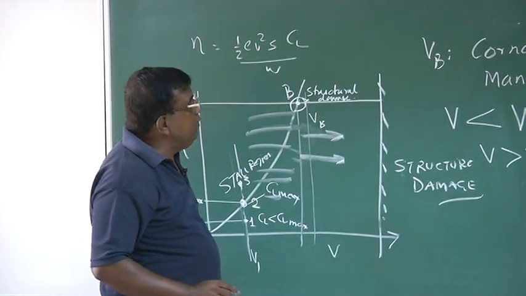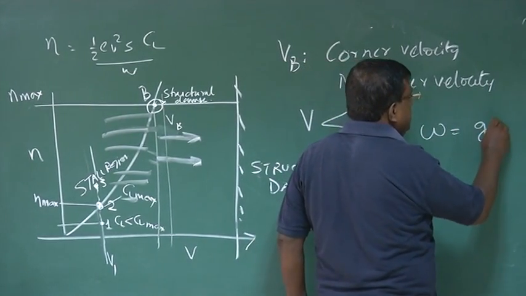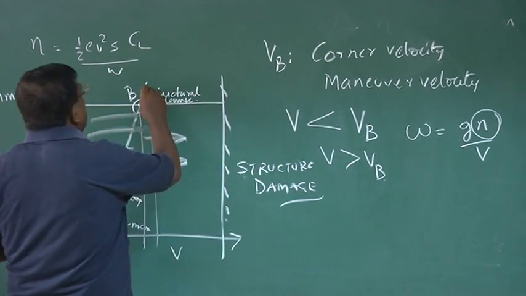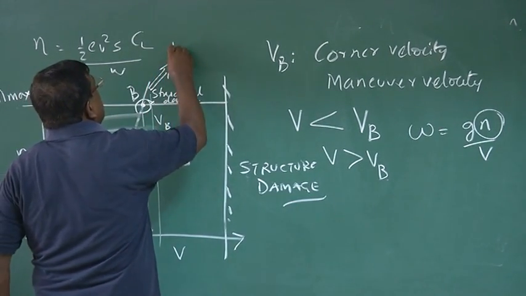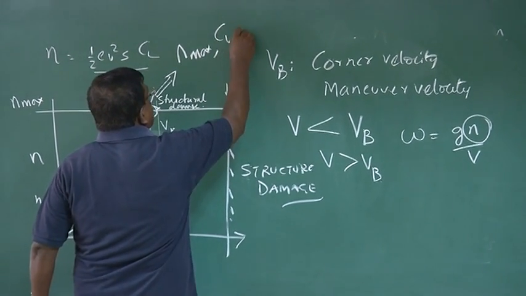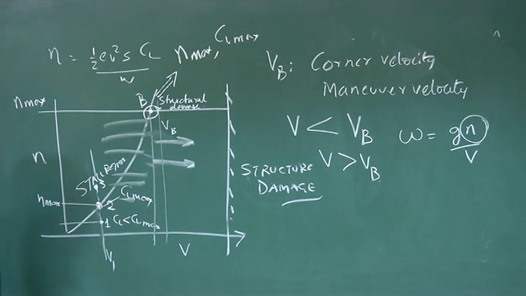Also, it is interesting to know that, as you know, omega is some g n by V. So at this point, you could see very simply that n or N is max and also CL max, right? Okay, N is max and CL also max.